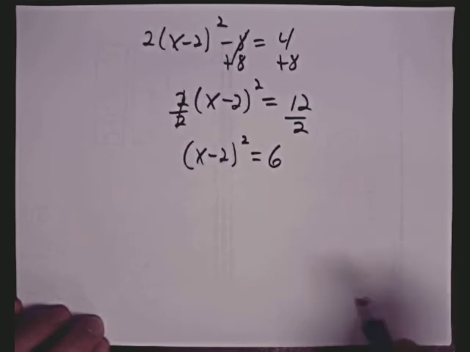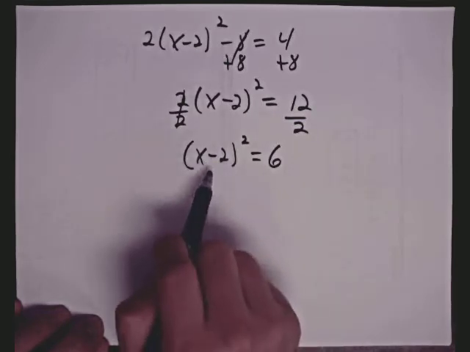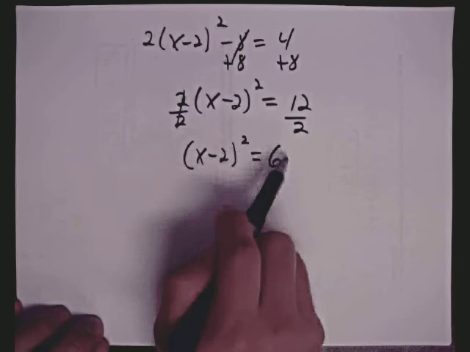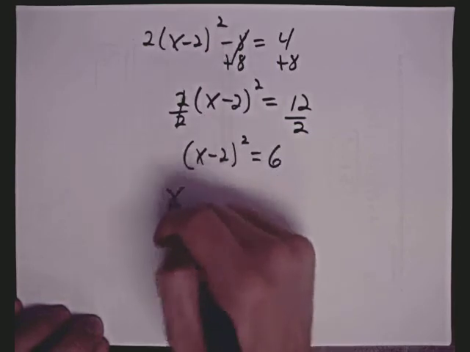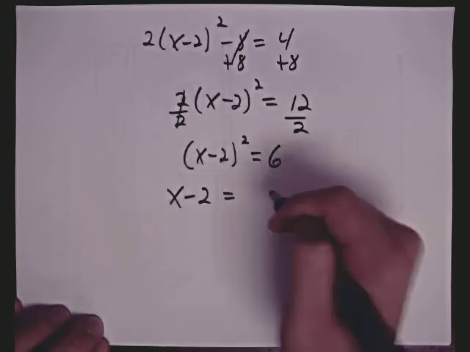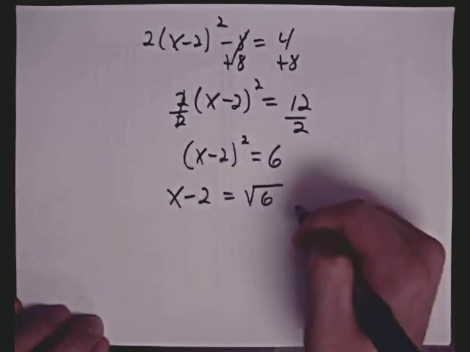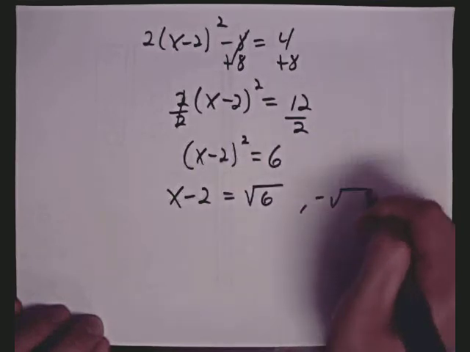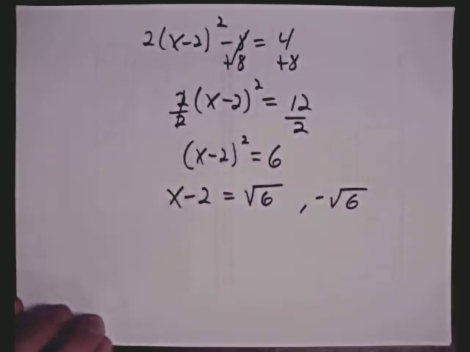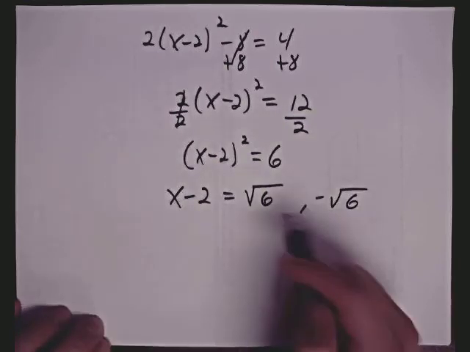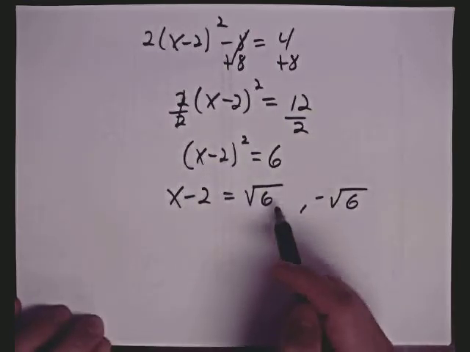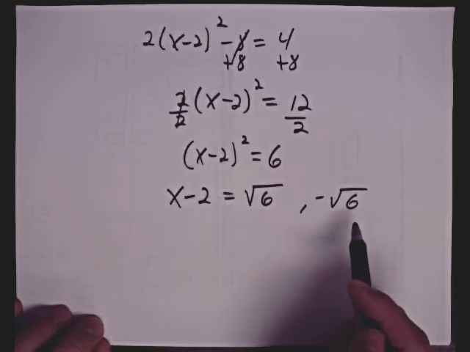Now that the squared is alone, if (x minus 2) squared equals 6, then x minus 2 will equal the square root of 6 and negative square root of 6. So see if that simplifies. 6 is not a perfect square, and the only factors of 6 are 2 and 3, so that does not simplify.